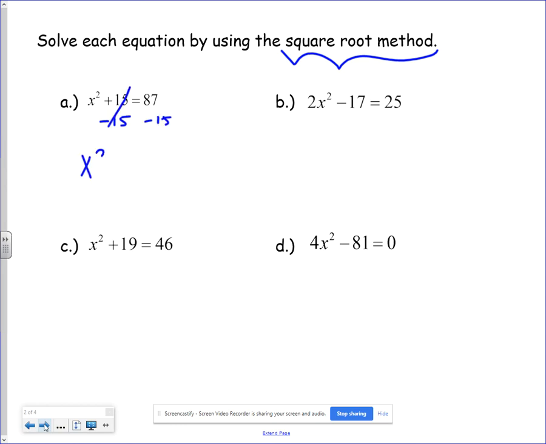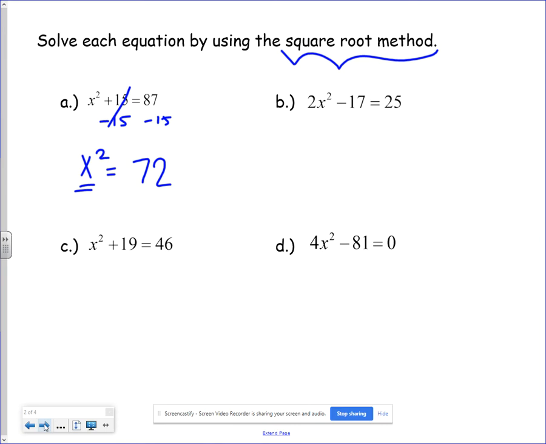So I get x squared is equal to 87 minus 15, which is 72. Now the reason it's called the square root method is because once you get the x squared by itself, see how I have just an x squared over here?